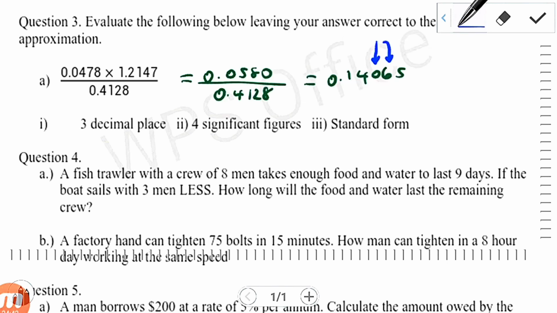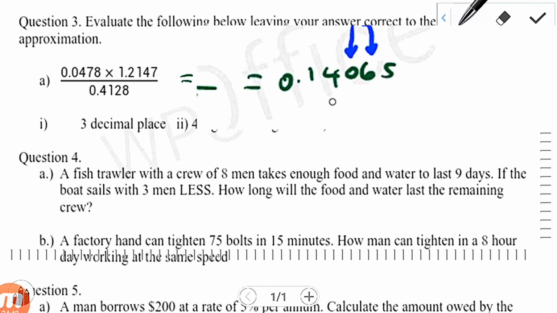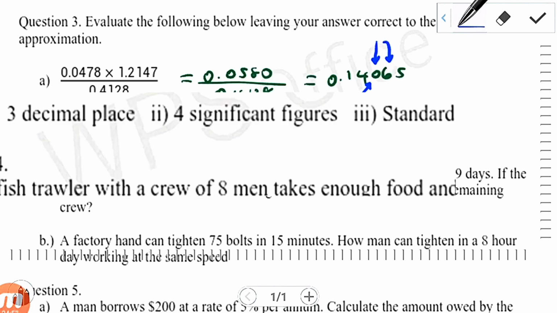Now according to the rule of approximation, if your n plus 1 digit is greater than or equal to 5, then you're going to add 1 to the barring digit, the digit to which you're closing off your approximation. So in this case, 6 is greater than 5. So to 3 decimal places, I'd have an answer of 0.141.